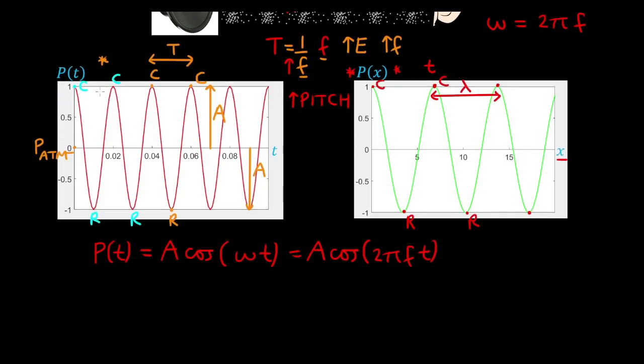So in our case here, the frequency is 50 hertz. So the period is equal to the reciprocal of the frequency, which is 0.02 seconds. So as we can see, this is the time to complete one cycle of the oscillation.